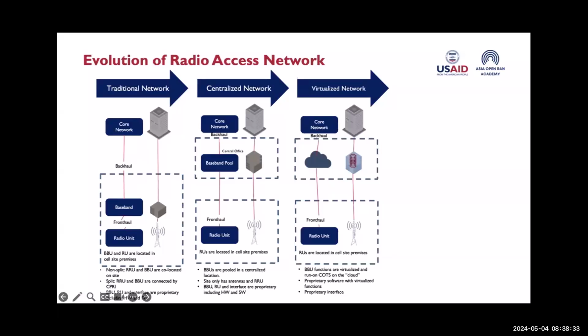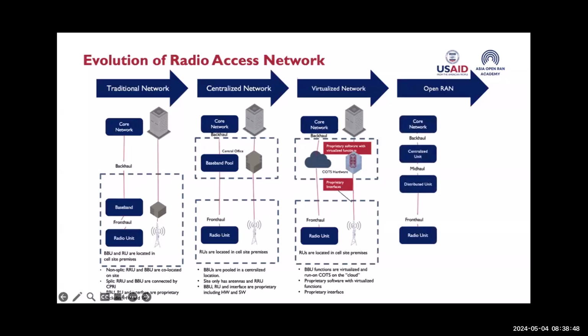And then moving on to this concept of Open RAN. So this is the latest movement, or evolution, in the radio access network. So this is based on open standards and interfaces.